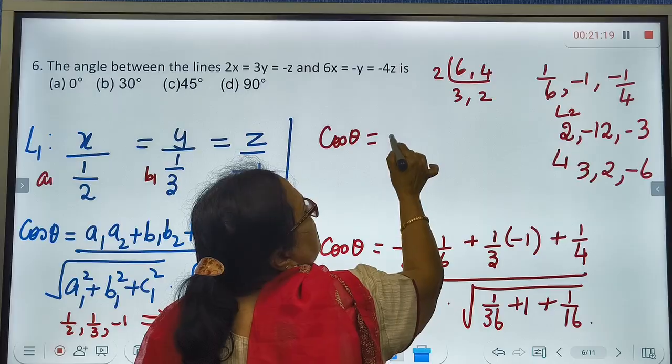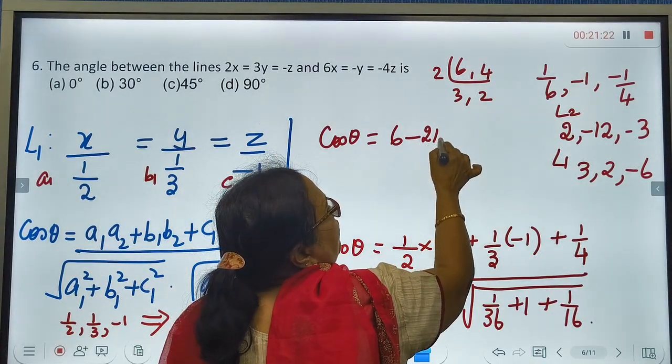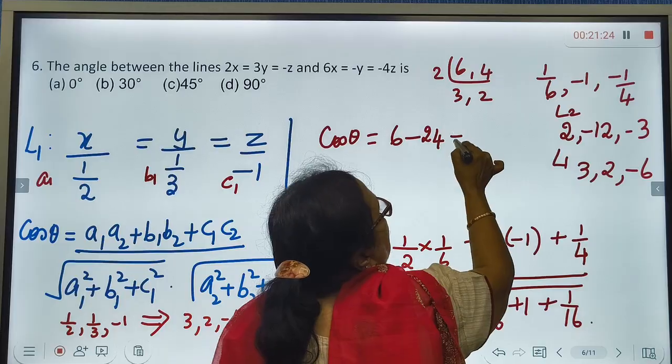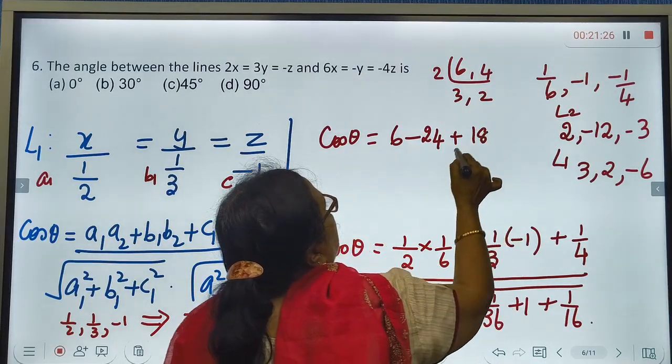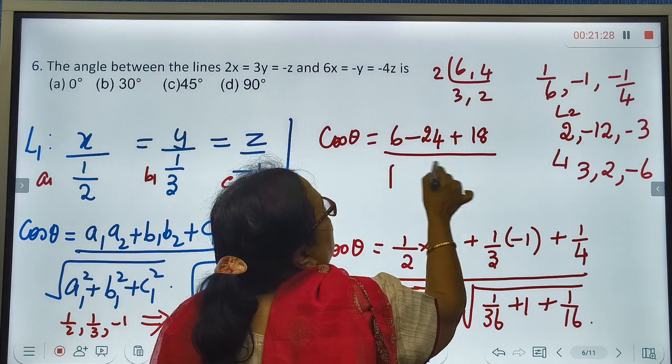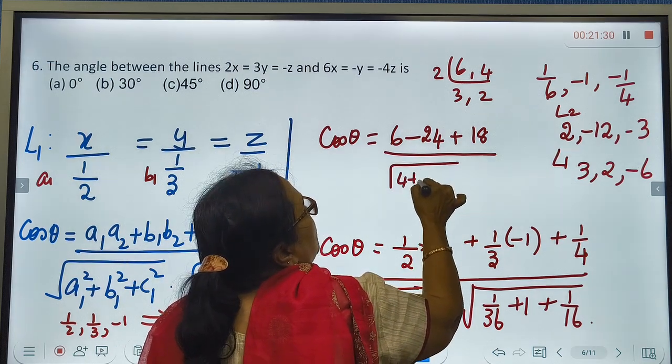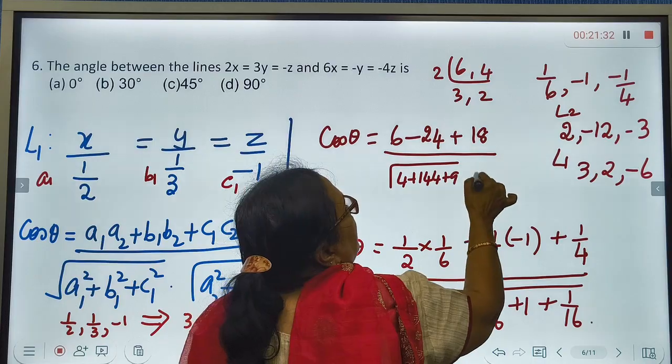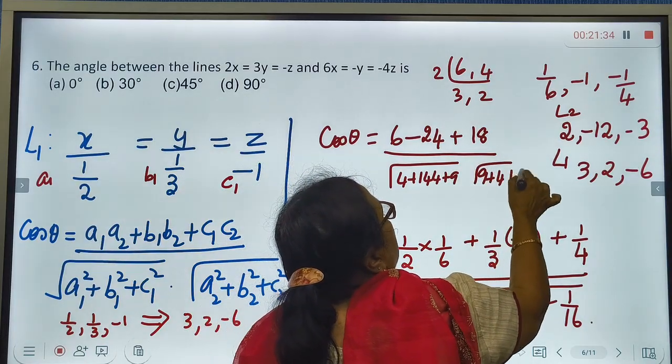So 2 into 3, 6, minus 24, plus 18, by root of 4 plus 144 plus 9 into root of 9 plus 4 plus 36.